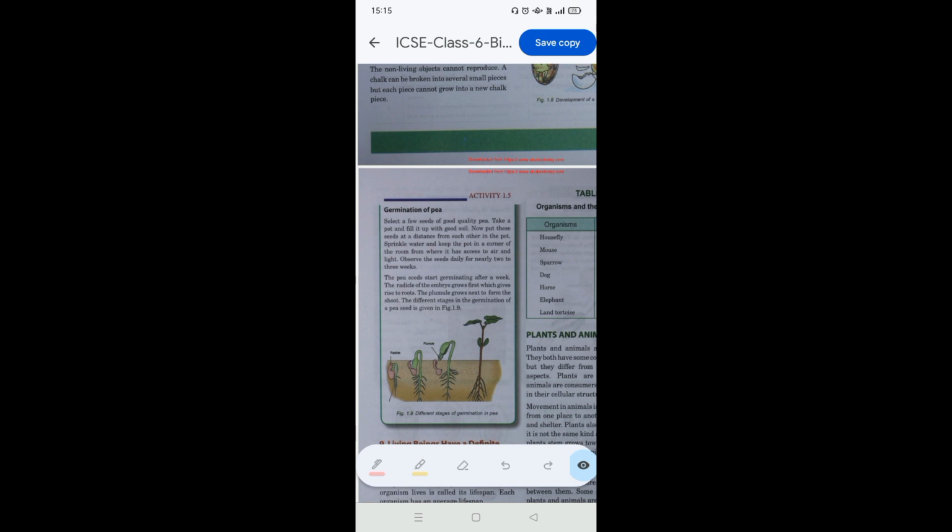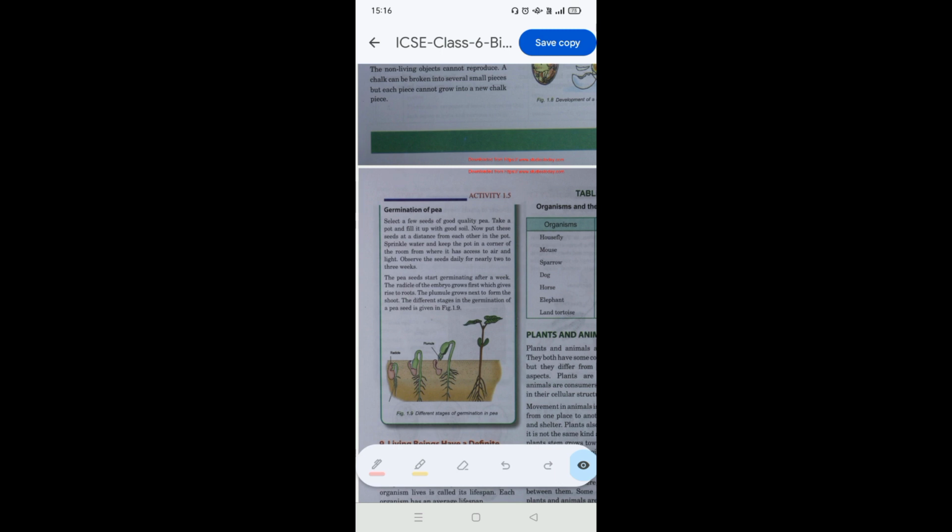Activity 1.5, germination of pea. Select a few seeds of good quality pea. Take a pot and fill it up with good soil. Now put these seeds at a distance from each other in the pot. Sprinkle water and keep the pot in a corner of the room from where it has access to air and light.